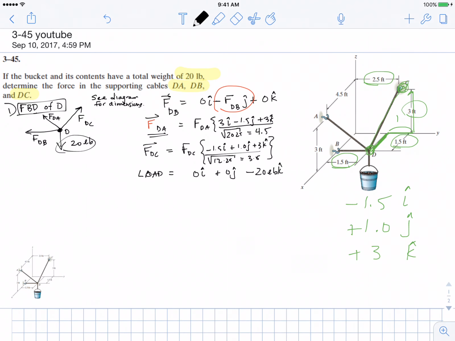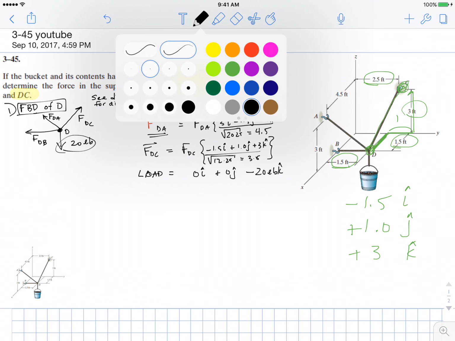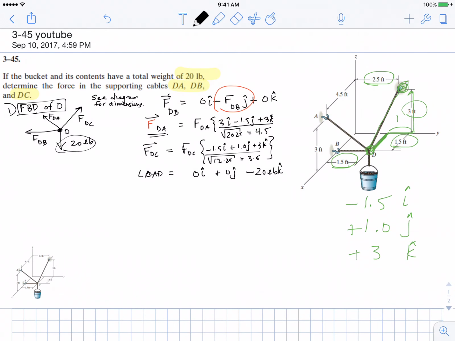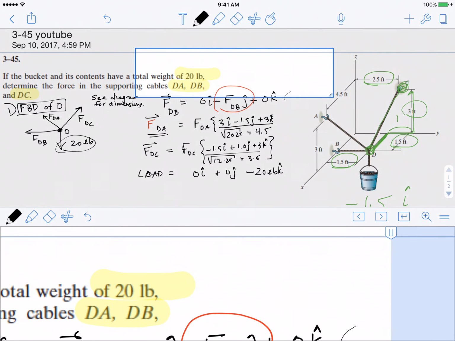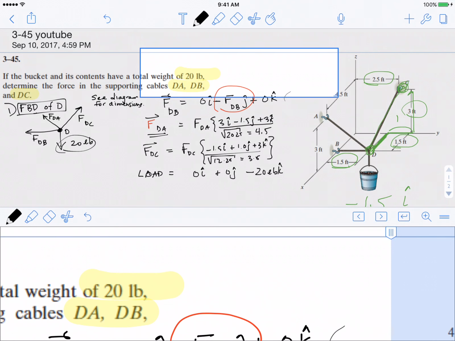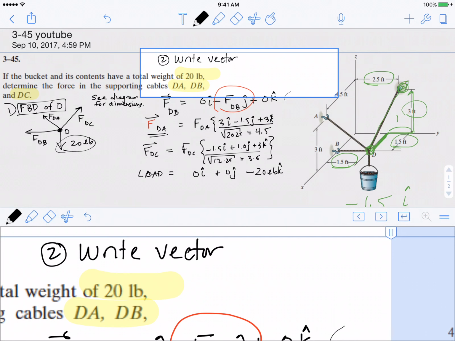All right. So step number 1 was to draw the free body diagram of D. Step number 2 was to write the vectors in Cartesian.